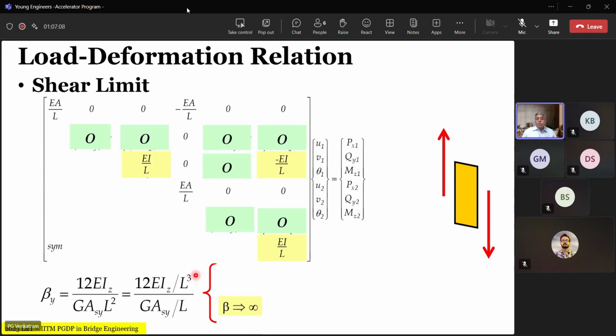Now there is a problem with this stiffness matrix. What is the problem with this? That is not the question.